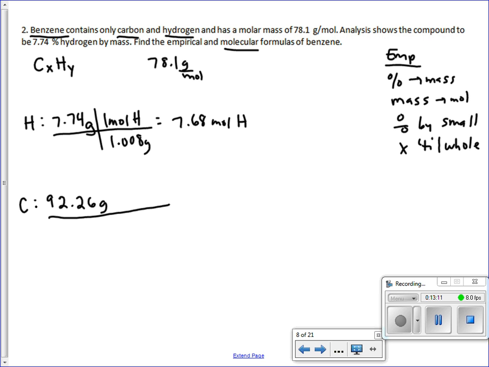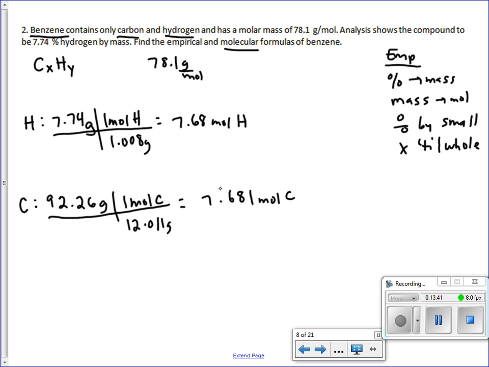Down here with carbon, 1 mole of carbon is 12.011 grams. We have 4 sig figs here and 5 here, so we'll carry 4 to our answer. And we get something like 7.681 moles of carbon. Okay, what do you notice here about these two amounts?